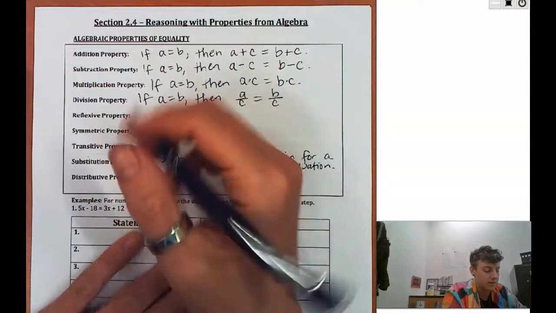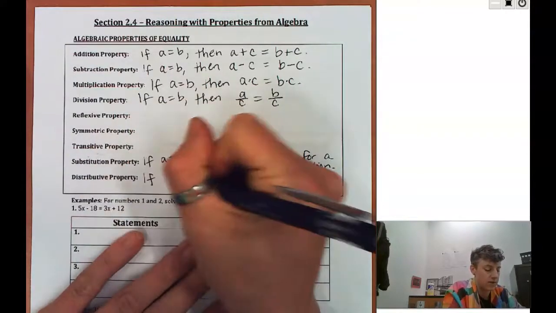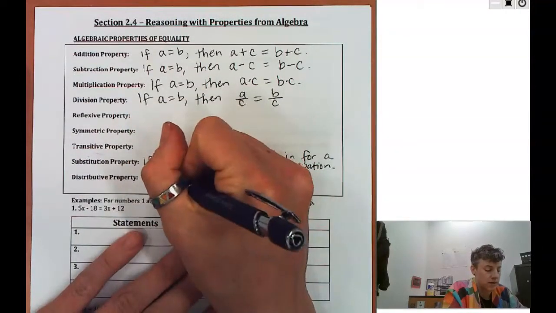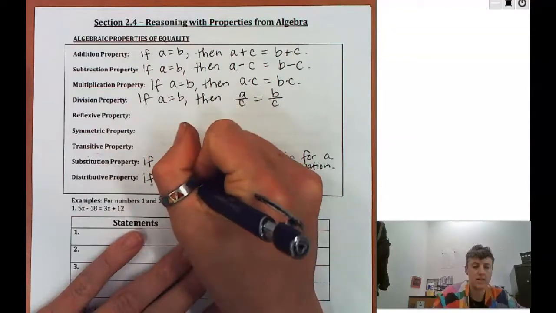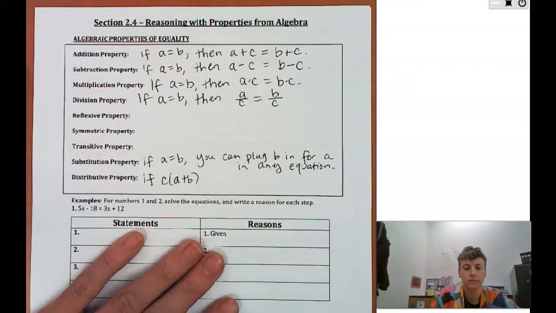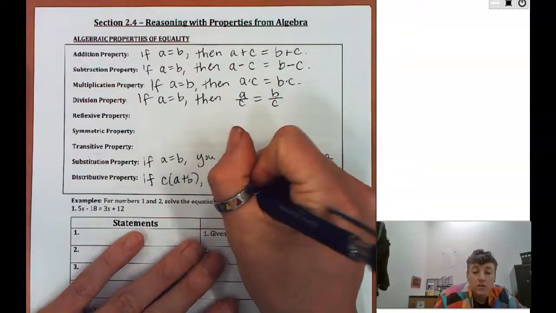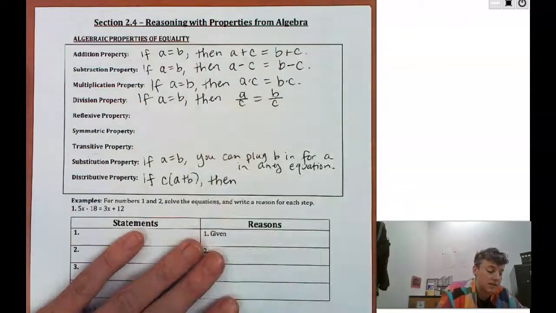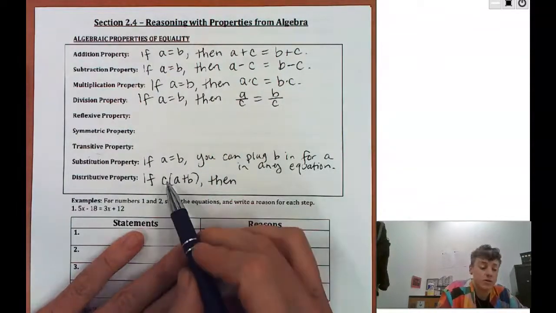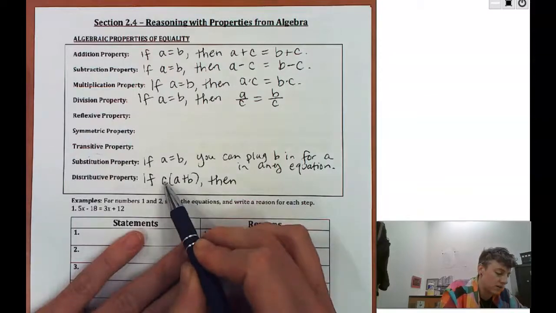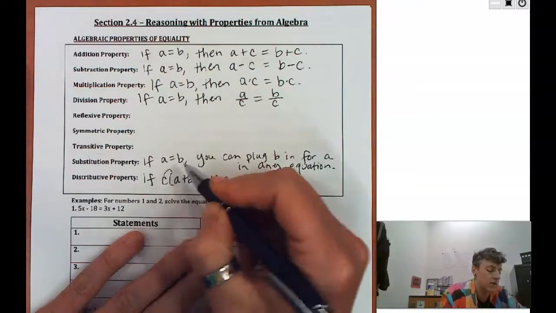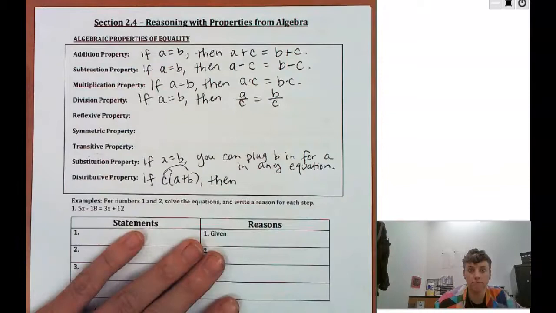The distributive property, if, let's say we have C times the quantity A plus B, if I have that situation, then you can distribute and multiply C times both parts of these, C times A and C times B. Actually, I feel like I'm saying it kind of weird.